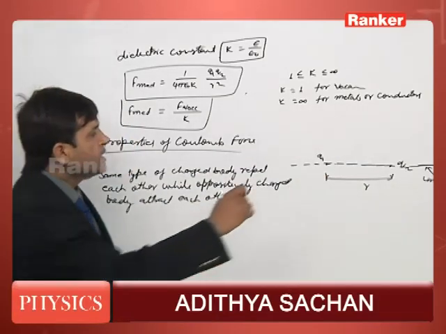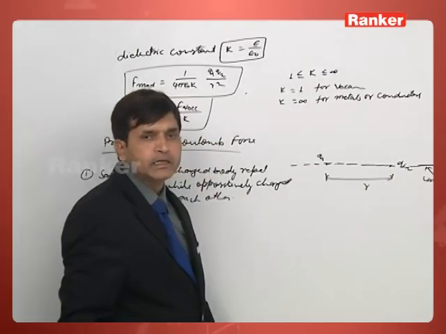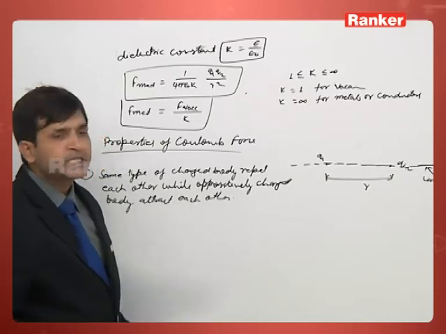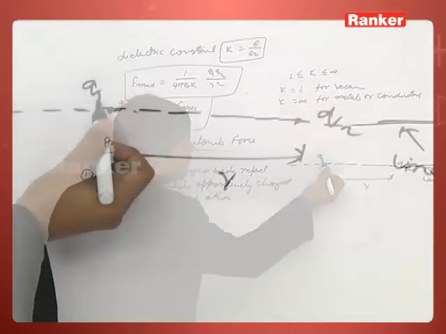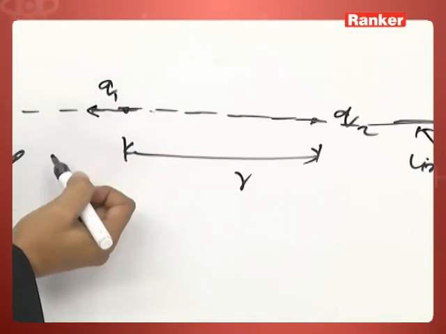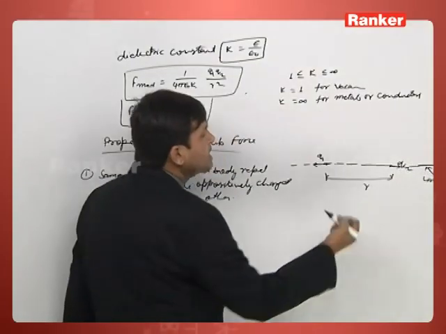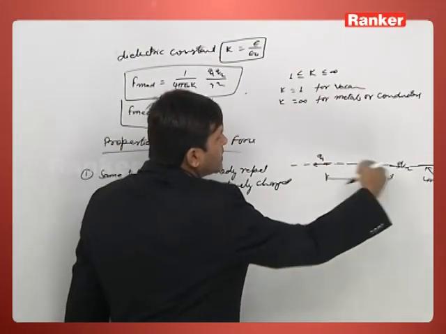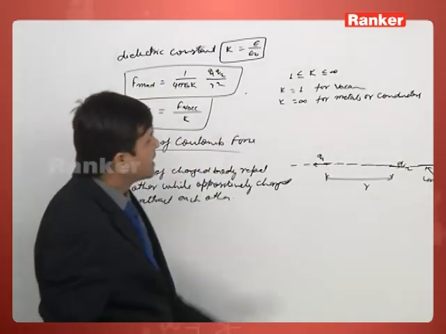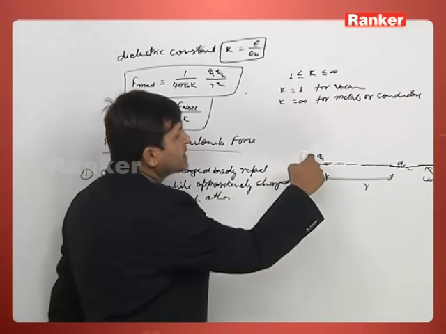It means if these two are positively charged particles, a force of repulsion will be there. Force of repulsion means the force on plus q1 will be in this direction and the force on plus q2 in this direction. Those forces will be along the line joining the two charges. Similarly, suppose one of the charges is negative.